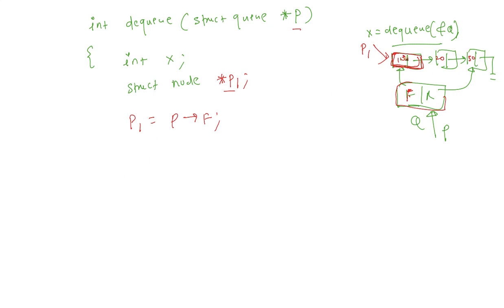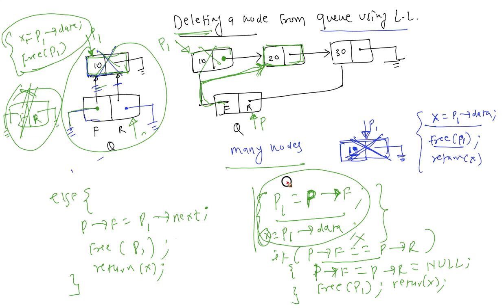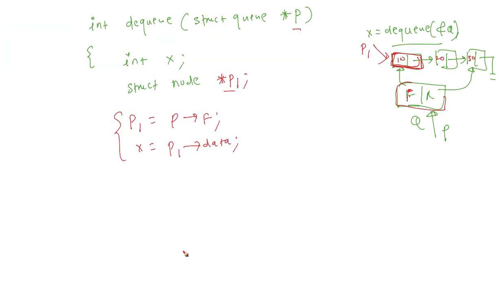So I'll retrieve the data from that node by saying x equal to P1 arrow data. Right, so I did this. We saw this situation, this part. Okay, so we retrieve that data.